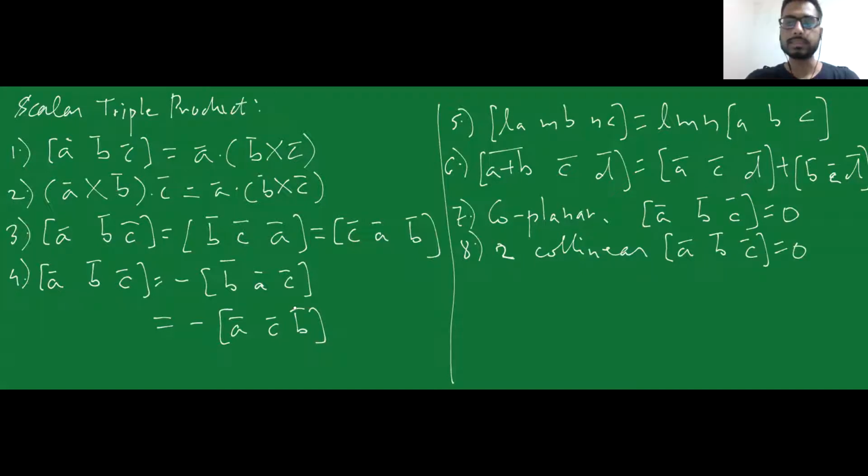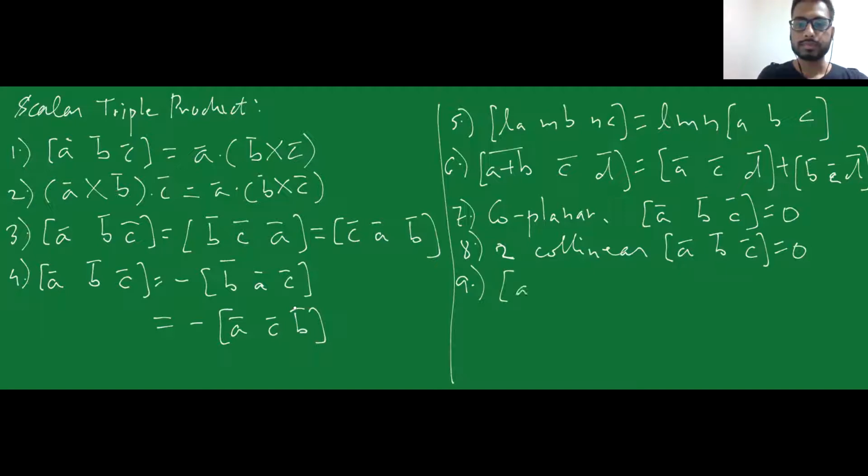Suppose in this case, A bar and B bar are collinear vectors. Then I can say that A bar is equal to K times B bar. Replace A bar with KB bar and take K common outside. So I will have two same rows, B bar, C. And while solving the determinant, if two rows are the same, the value of that determinant is going to be 0.